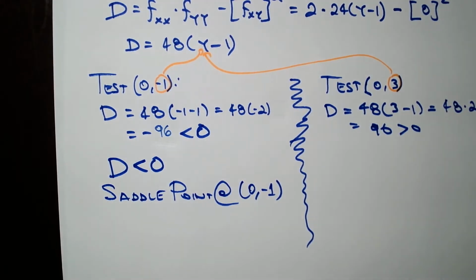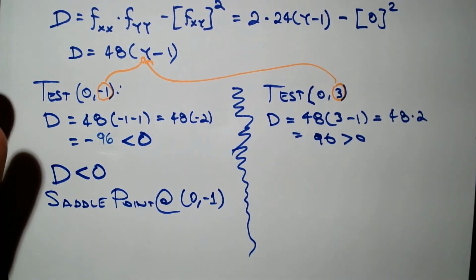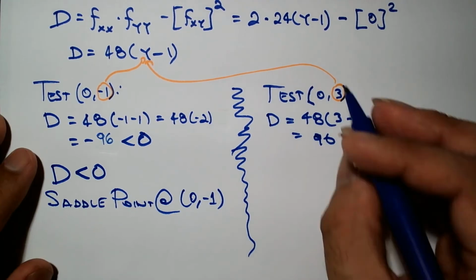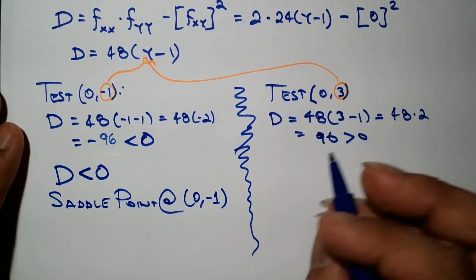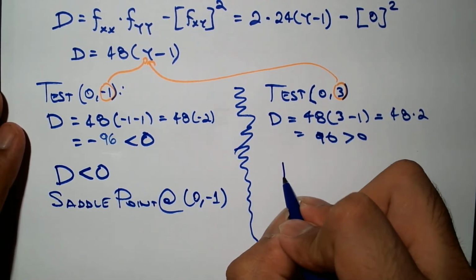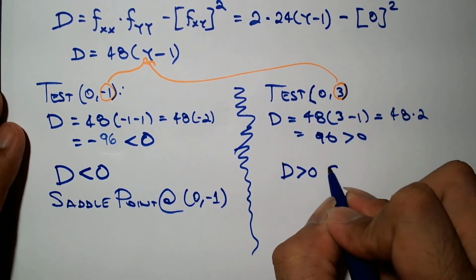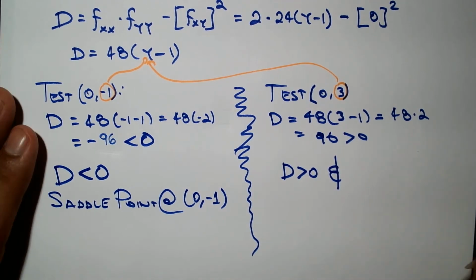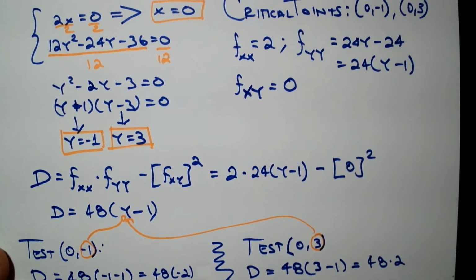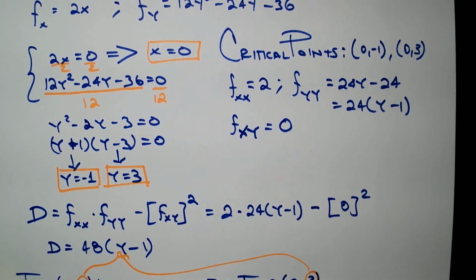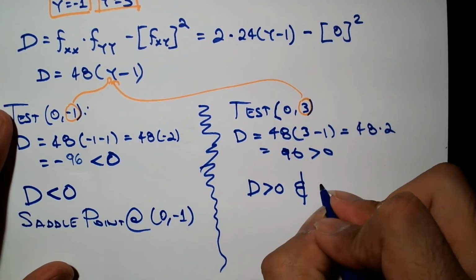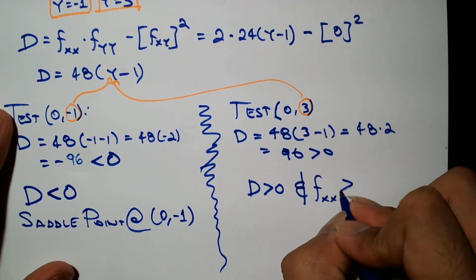What else do we have? What about the test for 3? So in this case, we have D greater than 0, but when D is a positive number, we need to look at the sign of the second partial derivative, which in this case is positive.